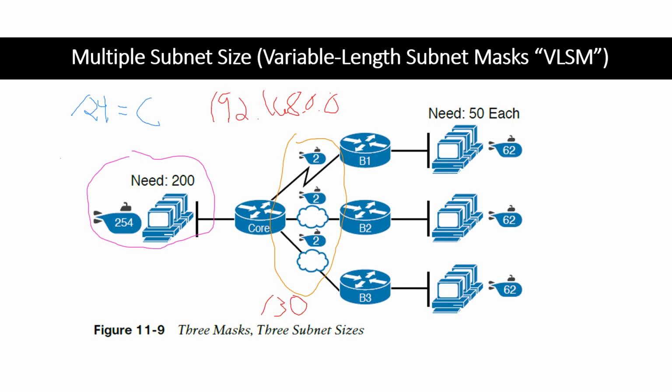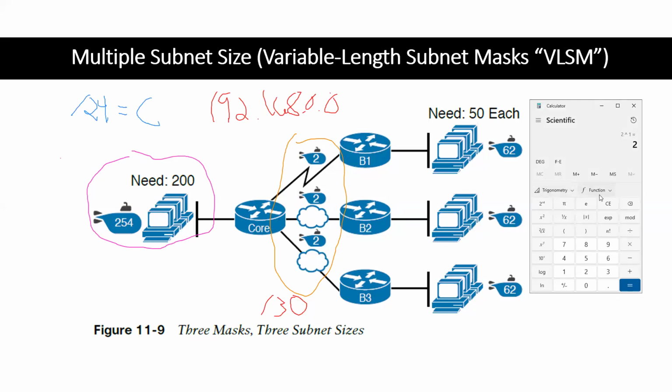Let's go ahead now and do the math for the 200 need. If we do the host formula, we did 2 to the power of 2 and got 4.